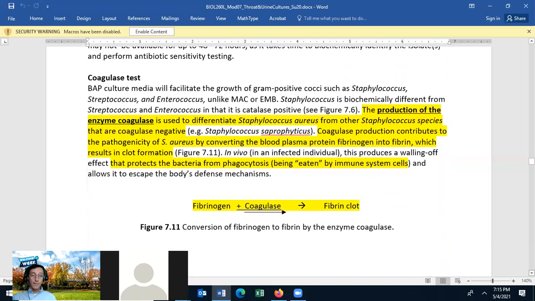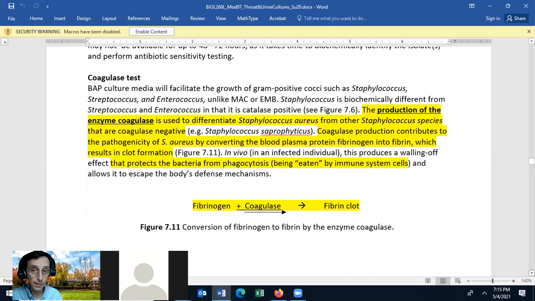All right, so once we get the bacteria growing, we can then run different tests to help identify what is causing the urinary tract infection. You can run the coagulase test, which is especially used for differentiating Staphylococcus aureus from other Staphylococcus species. Staphylococcus aureus is coagulase positive.